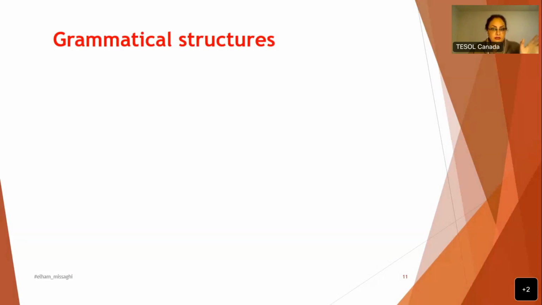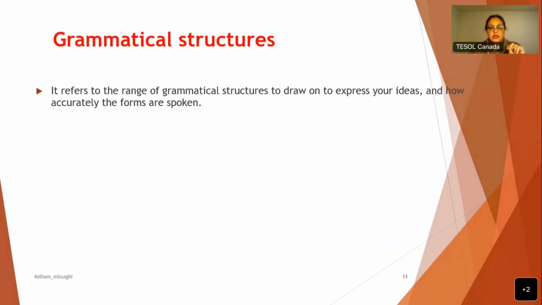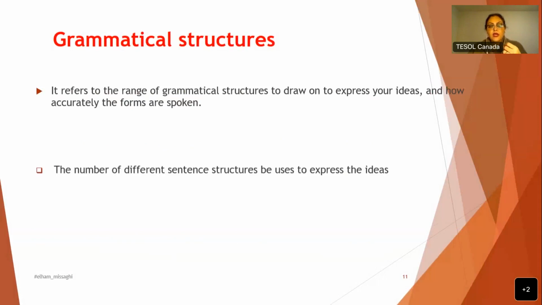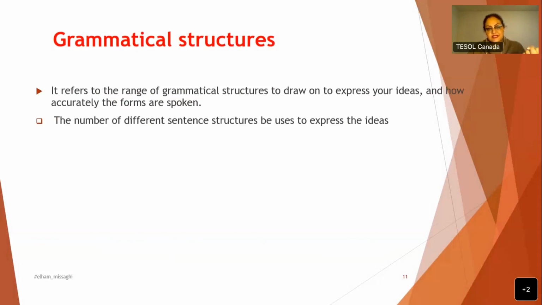So that was vocabulary. The other item is grammatical structures. It refers to the range of grammatical structures that the examinee uses to express his or her ideas and how accurately the form is spoken. And the number of different sentences or structures that they use.